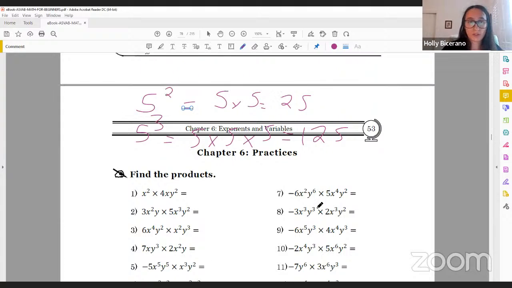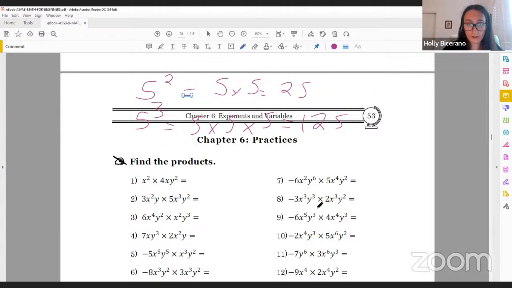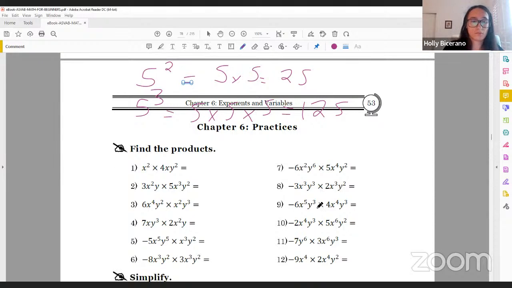So let's start with the product rule. The product rule states that when you are multiplying with exponents, you add the exponents together. So I like to generally start with simpler problems than the ones they have here, just to illustrate the idea first.